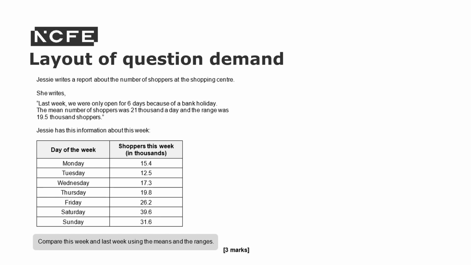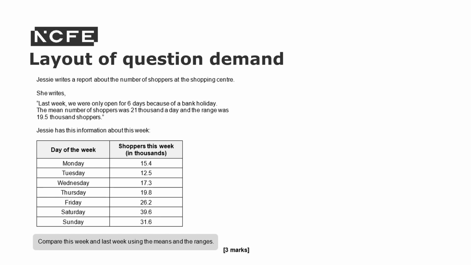The layout of the question demand has now changed, and you'll see that there's a nice grey box that tells you very clearly what the demand of the question is. For this example, Jessie's writing a report about the number of shoppers at the shopping centre. She writes, last week we were only open for 6 days because of a bank holiday.